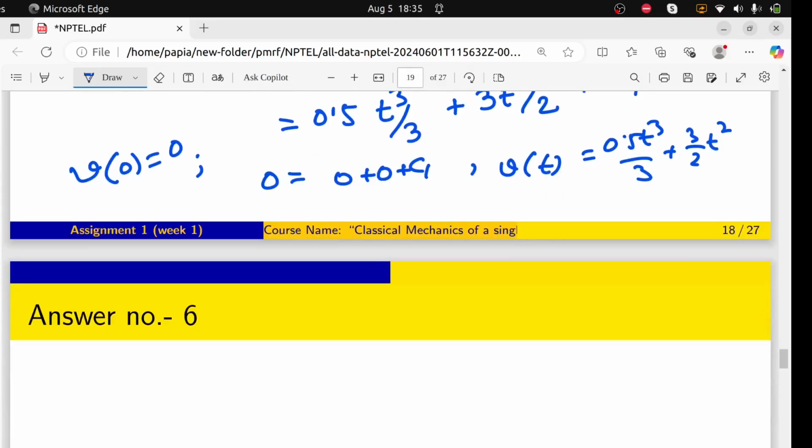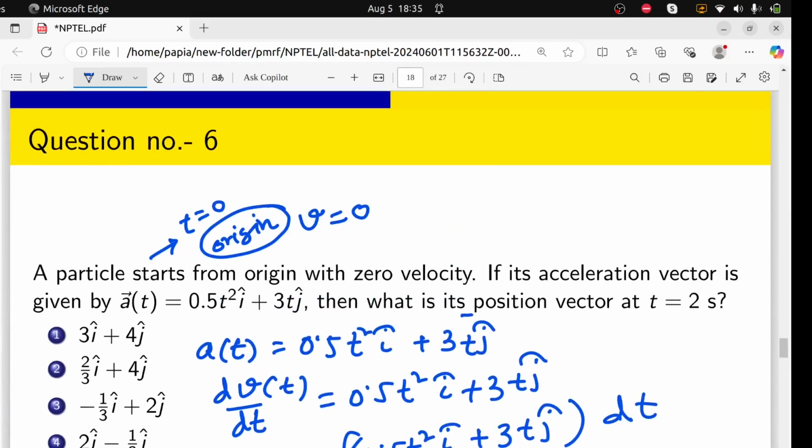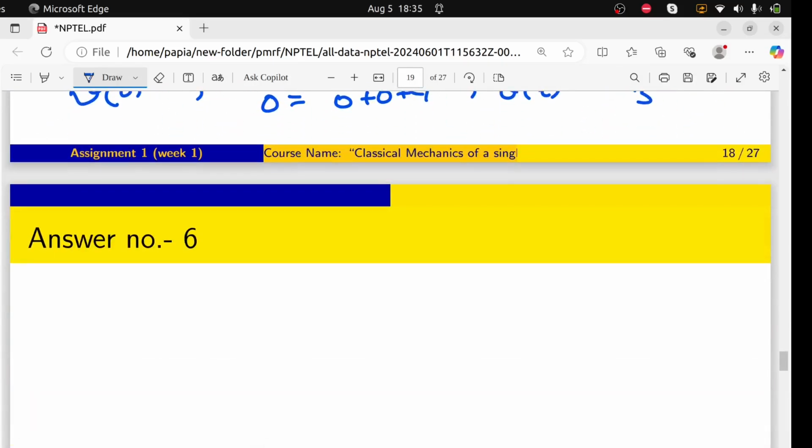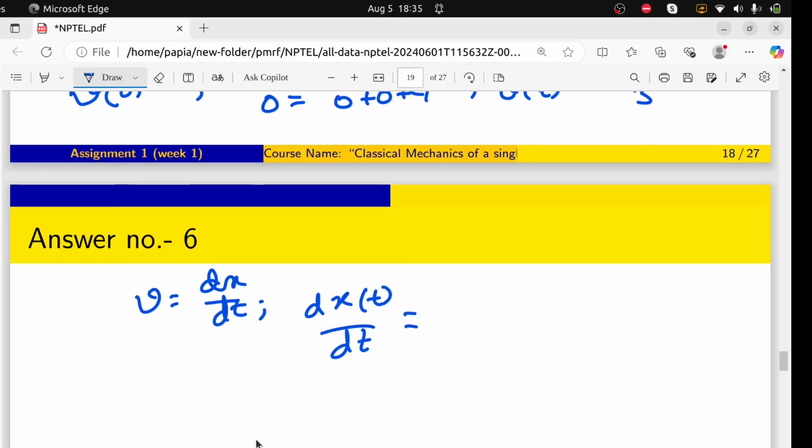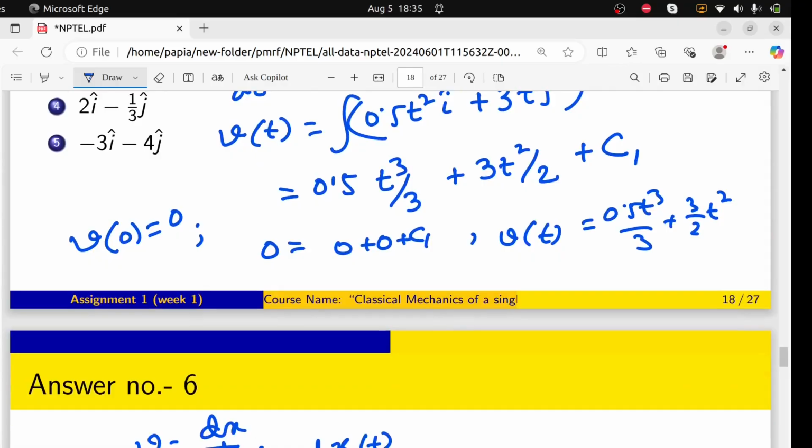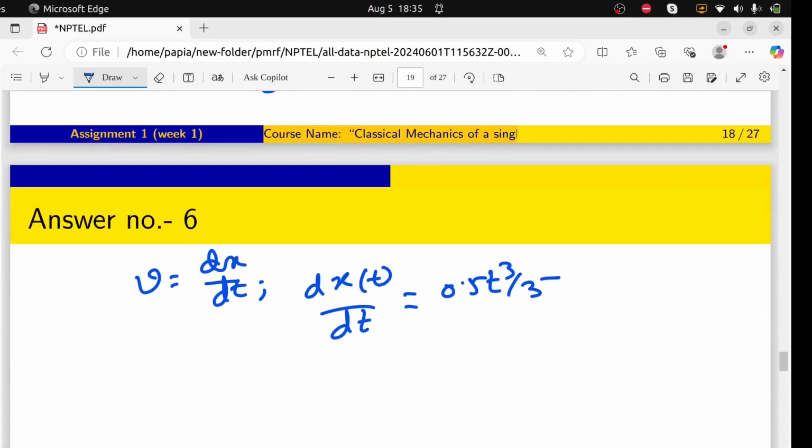Now, if it is v, what are they asking? They are asking what is the position vector at t equals 2 seconds. So for position, v can be written as dx/dt. So dx/dt is equal to 0.5 t cube by 3 plus 3 by 2 t square.